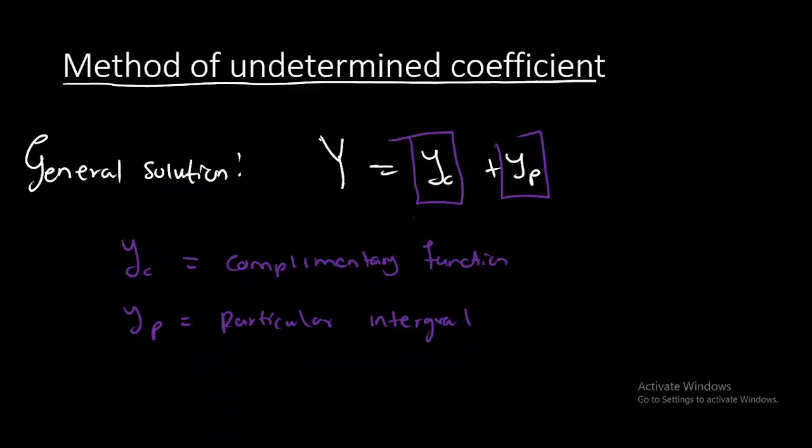Question 1 says write down the complementary function and a particular integral. I have mentioned that the method of undetermined coefficient gives us the sum of our yc and our yp, where yc is the complementary function and yp is the particular integral.